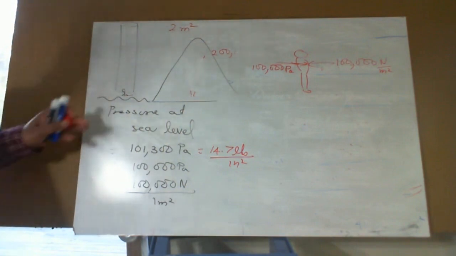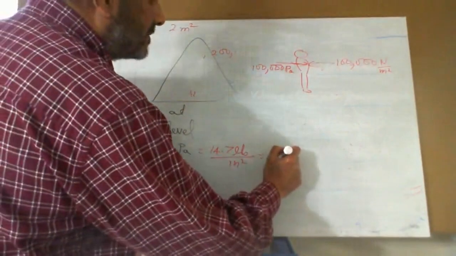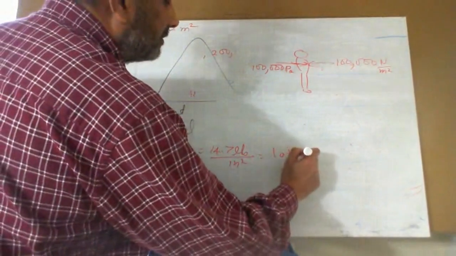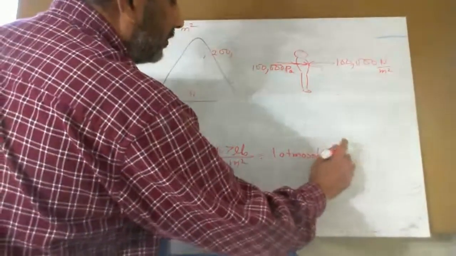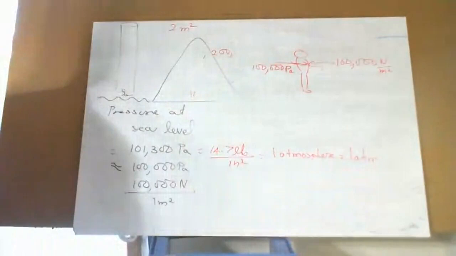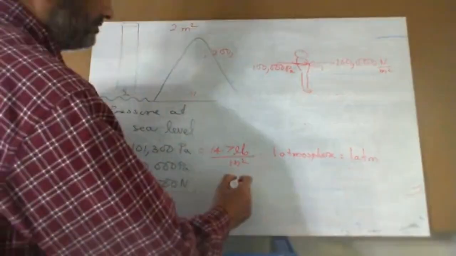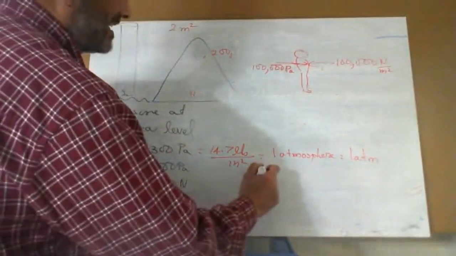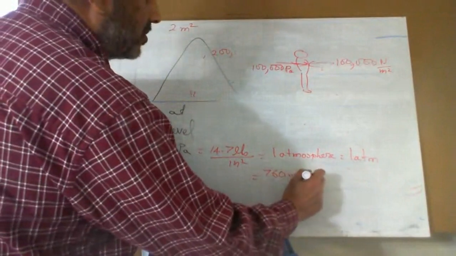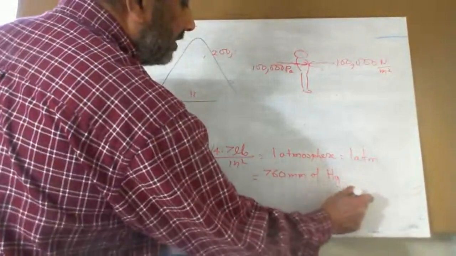So this is the pressure at sea level. By the way, sometimes we call this 1 atmosphere, or 1 ATM. That's another way of gauging pressure. They also write it as 760 millimeters of mercury, Hg.